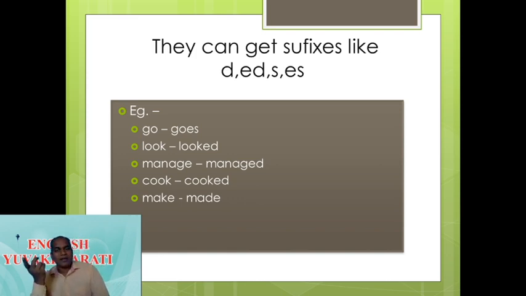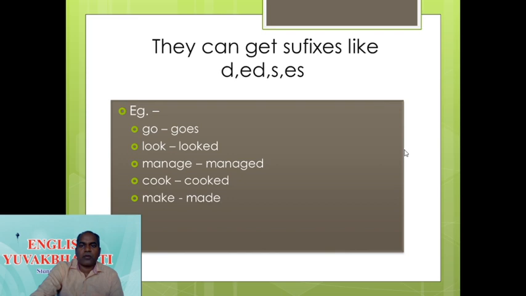Make, made, made, making, makes. So for the main verb we can add suffixes like d, ed, s, es and ing. It is not given, but we can add it, because for making the present participle we have to add ing to the main verb.